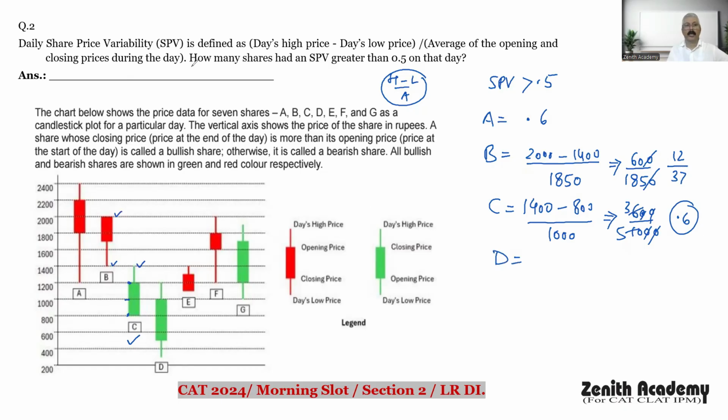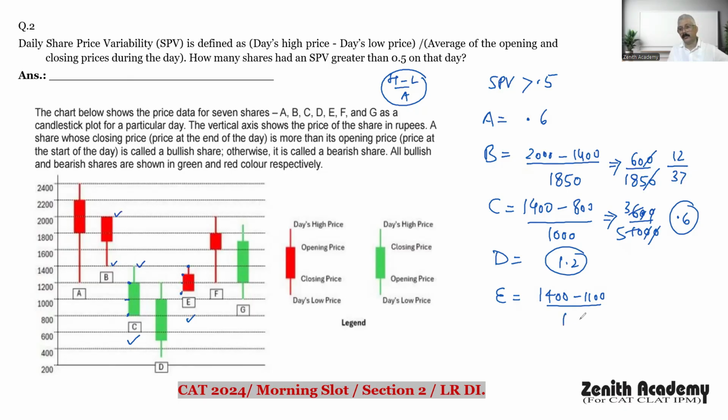D. The SPV for D we already calculated in question number 1, and that was 1.2. For E, the high is 1400 and the low is 1100.